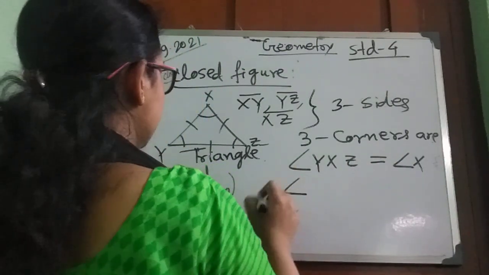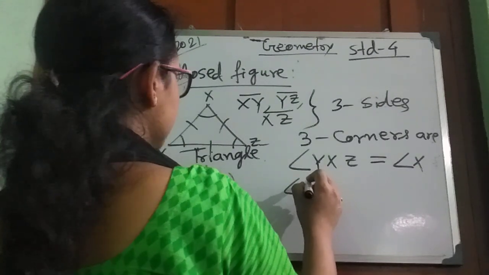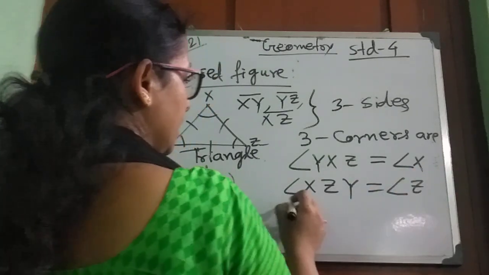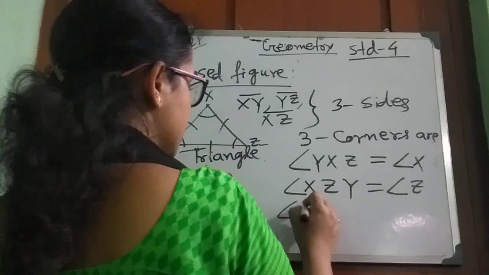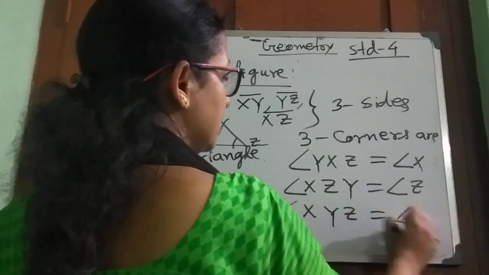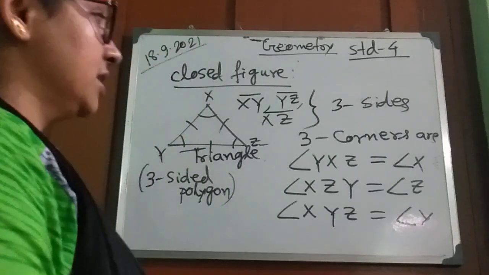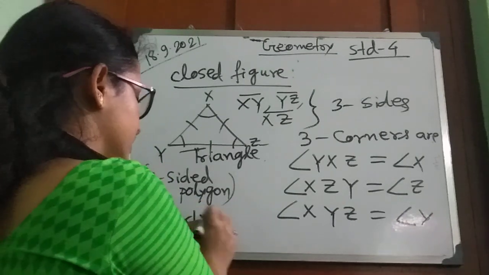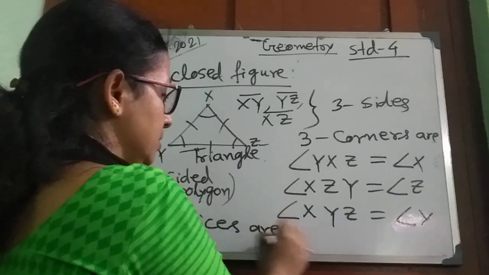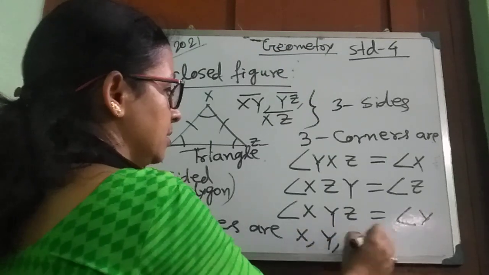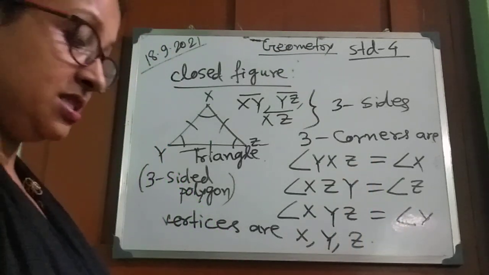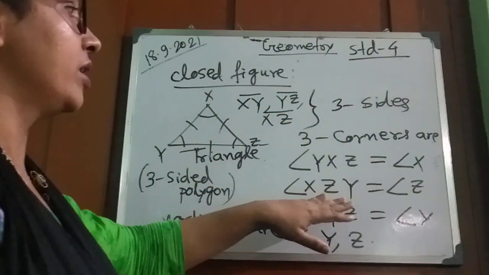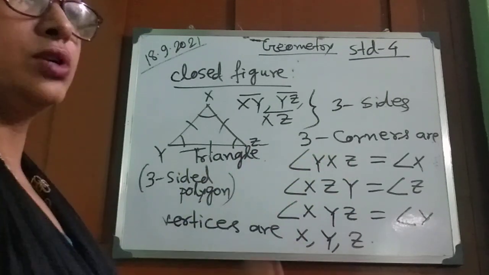Another is angle xzy, either you can say angle z. Another is angle xyz, either you can say angle y. These are the three corners, and three vertices also. The vertices are x, y, z. Mainly for a triangle there are six parts: three sides, which are xy, yz, xz, and three corners. Total six parts.